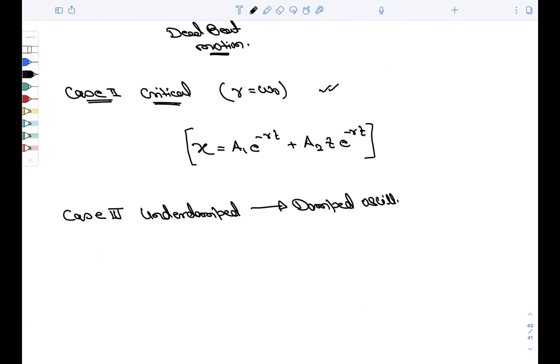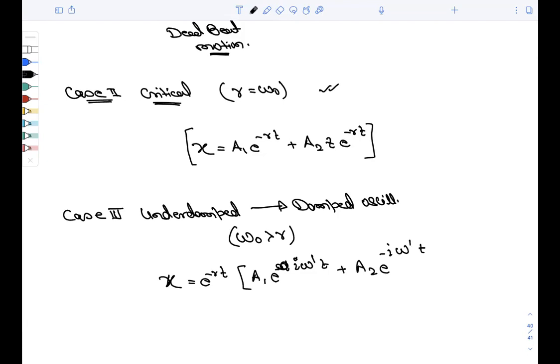And here you can simply write that omega naught is greater than gamma. If you put it in, x will be equal to e to the power minus gamma t times a1 e to the power i omega dash t plus a2 e to the power minus i omega dash t.